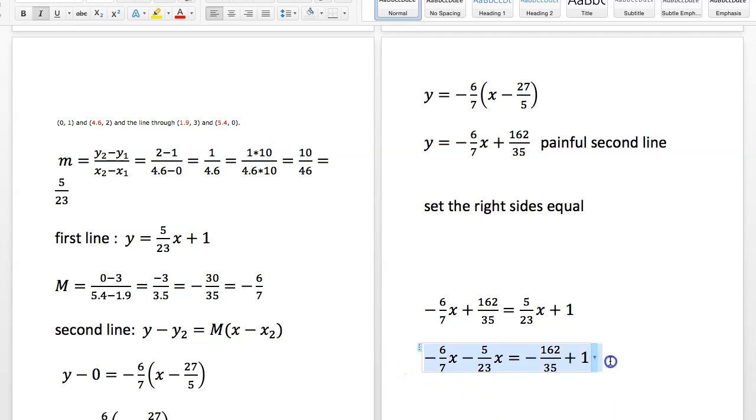Now, I don't know, guys. I don't know if I like this. I might leave it to y'all from here. Can y'all handle it from here? You'll need the least common multiple, or least common denominator for 7 and 23, and there's no kinship. It's just 7 times 23, and you'll need to turn 1 into 35 over 35.